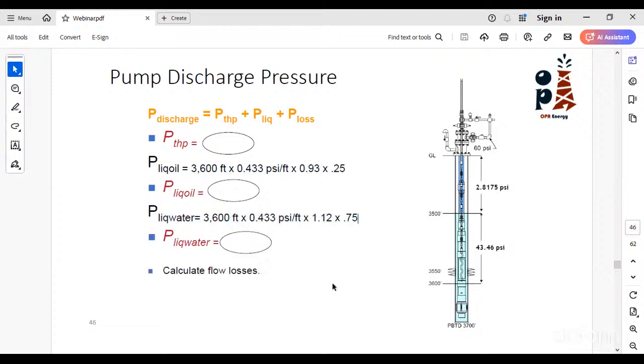Of course, in this example we are dealing with a mixture of fluids; you cannot produce oil alone or water alone. This is a mixture that you are producing. So you are supposed to calculate the density of the fluid you are producing together and take an average figure for this mixture for the specific gravity, and then calculate this hydrostatic column, how much weight is applied on our pump.